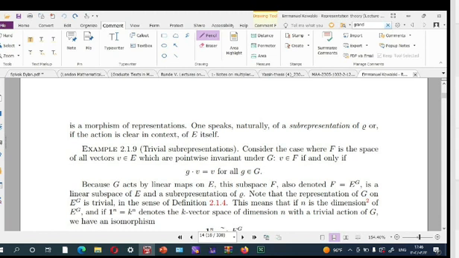And also we have this example, trivial sub-representations.